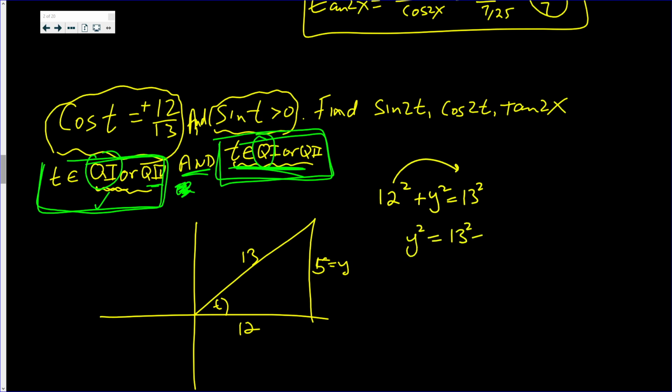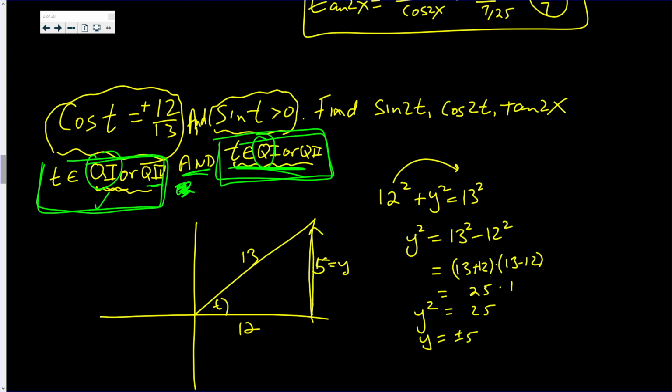We get 13 squared minus 12 squared. Oh, it's the difference of squares. We add the things that are being squared times we subtract the things being squared. We get 25 times 1, which is 25. So don't tell me you don't know what 13 squared is. You don't have to know it. So if y squared is 25, y is plus or minus 5. Since y is going up, it's positive.